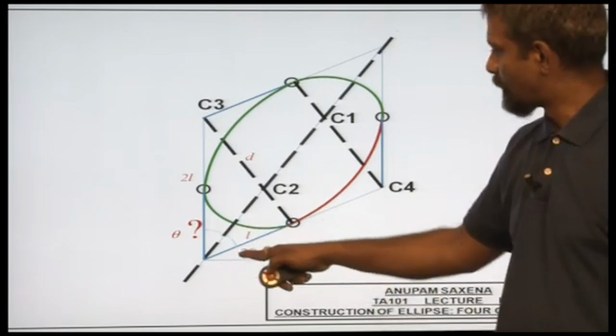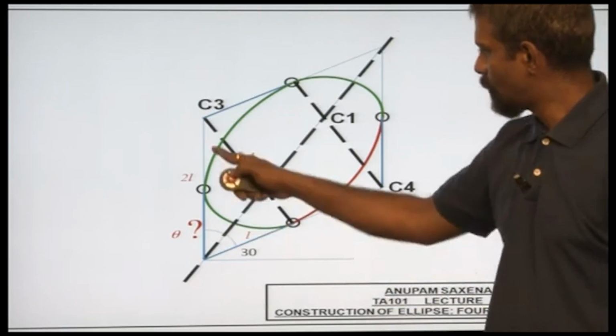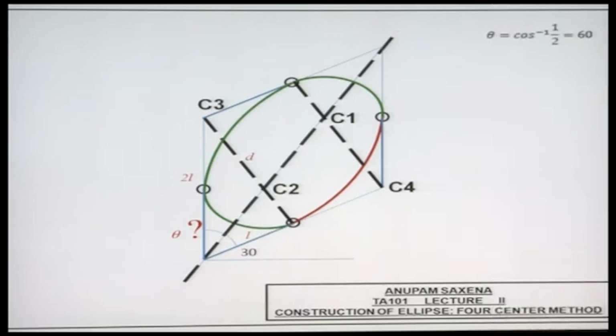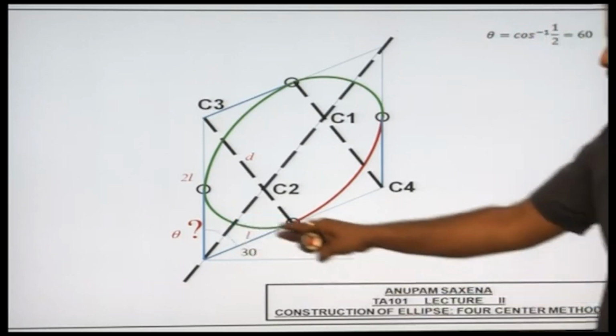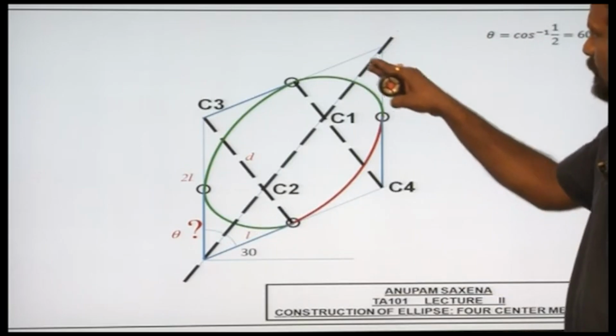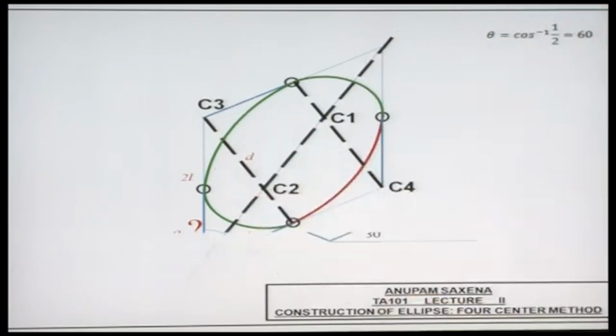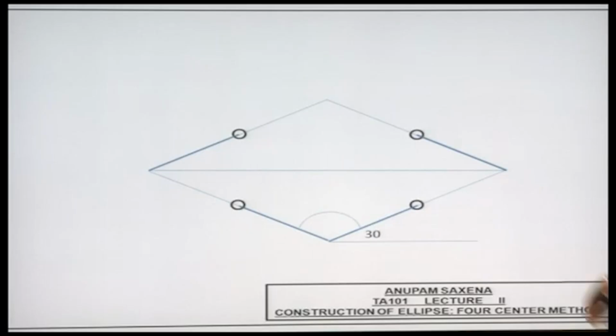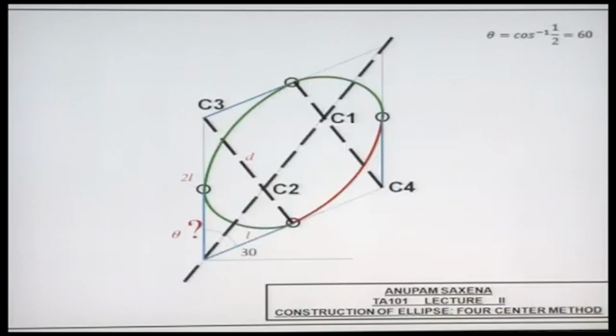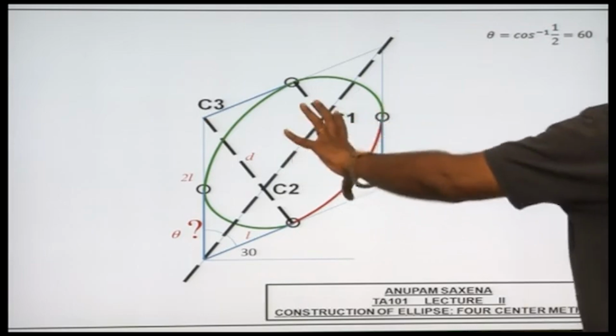So the cosine of this angle will be L over 2L, or theta would be the arc cosine of half, which is 60 degrees. So if this is 60 degrees, this angle over here would be 60 degrees, and these two angles are going to be 120 degrees, just the other way around, a rotation transformation.